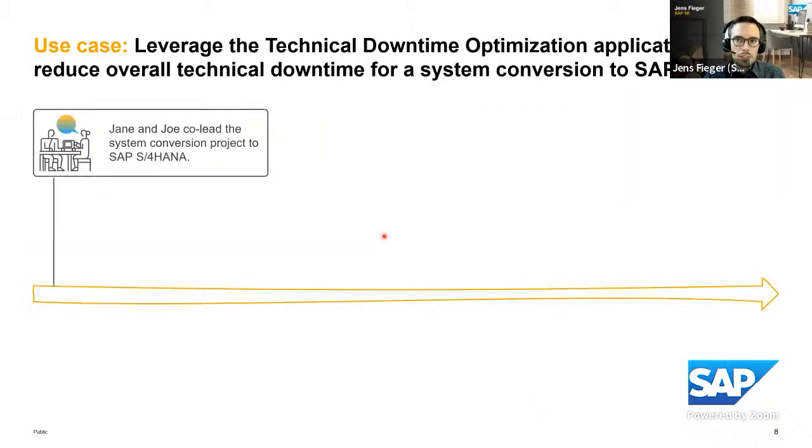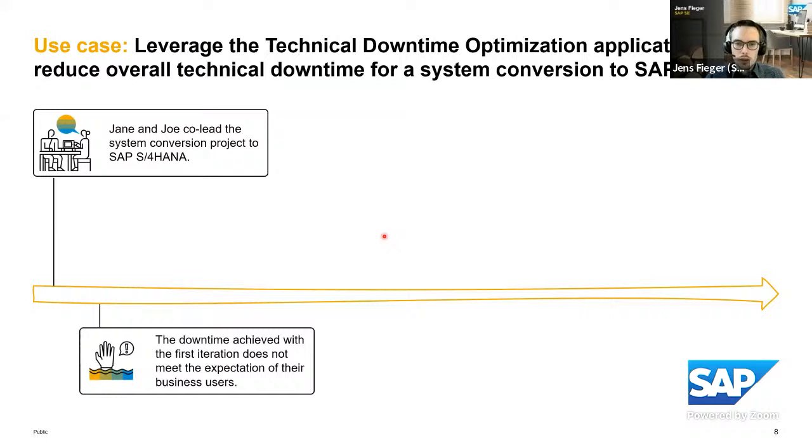Yeah, having said that, let's take a very brief look at what will be part of the demo. So a use case. When someone would use the technical downtime optimization application, I pick up the use case of a system conversion from SAP ERP to SAP S/4HANA. So we have two project leads, Jane and Joe, who are co-leading a system conversion project to SAP S/4HANA.